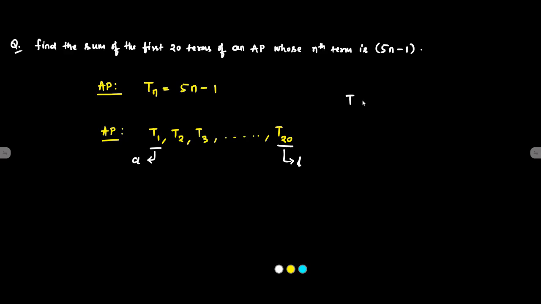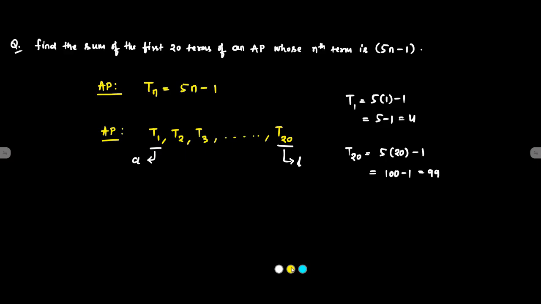So T1 is equal to, we have to put in place of n, 1. So 5 into 1 minus 1, which is equal to 5 minus 1, which is equal to 4. And the 20th term is equal to 5 into 20 minus 1, which is equal to 100 minus 1, which is equal to 99.